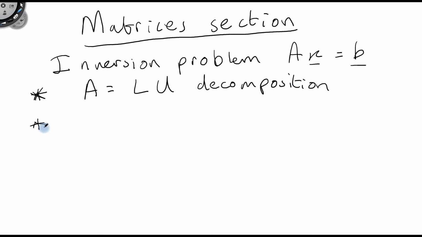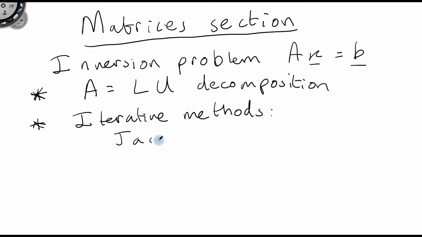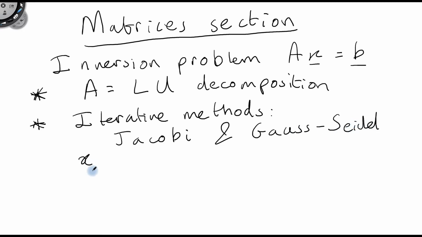And then we looked at the iterative methods, and we looked at the pair of Jacobi and Gauss-Seidel. Jacobi was in the form x(n+1) equals c minus B x(n), and it's all about iterating a vector by repeated multiplications of this B matrix as we go forward.